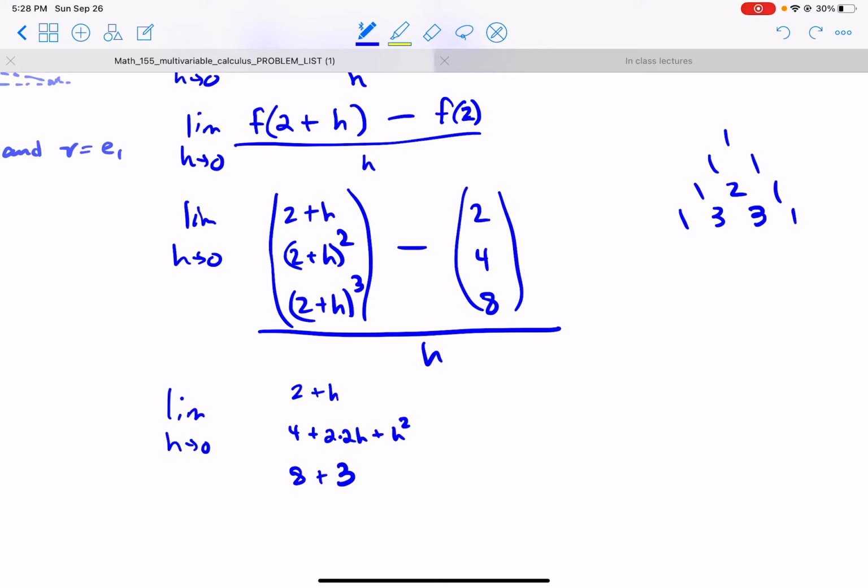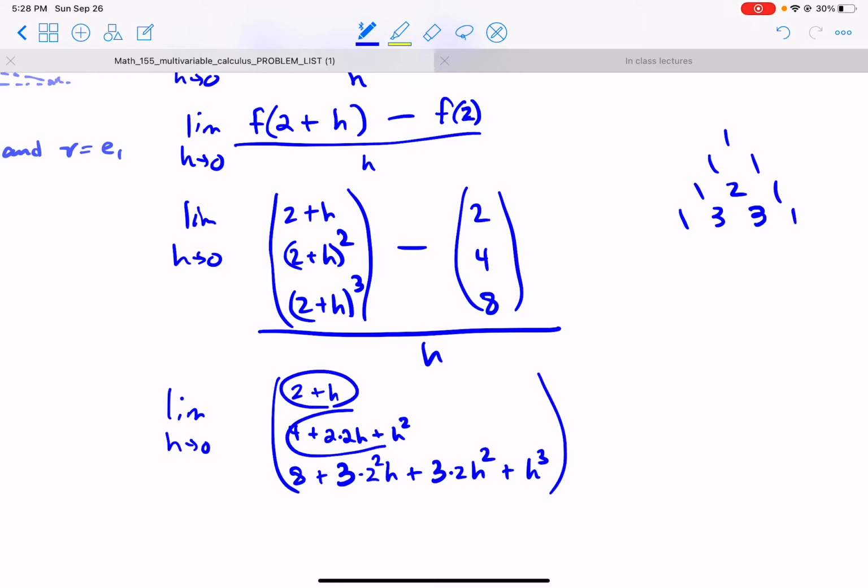When I'm cubing, I need the extra 3 here from Pascal's triangle. And 3 times 2h squared plus h to the third. So I expanded this out, and maybe I did it a bit quickly. You can pause and make sure that this makes sense to you. That is a vector. It has 1, 2, 3 components. Of course, they look rather complicated. But that's okay. They are what they are.